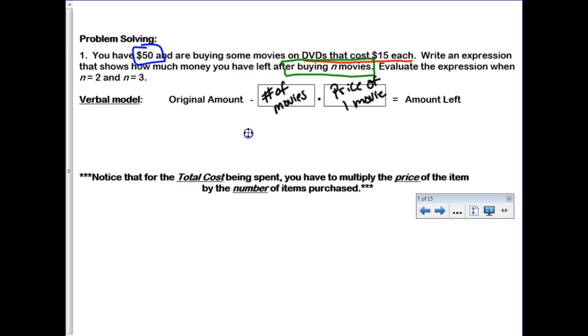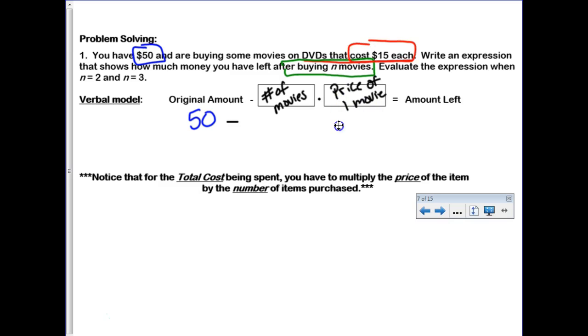So now we're going to take that verbal model and we're going to assign variables or numbers. So if we know it, we're going to write the number down, and if we don't know it, we're going to use a variable. So the original amount was $50 minus the number of movies times the price per movie. And order doesn't really matter here so much, but I do remember a clue earlier about a movie costing $15.